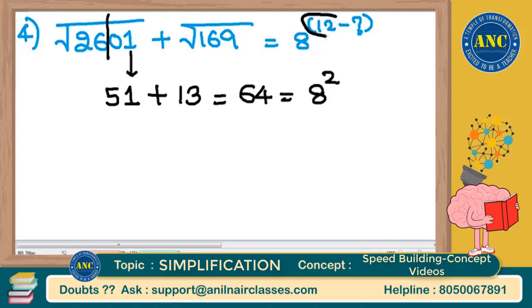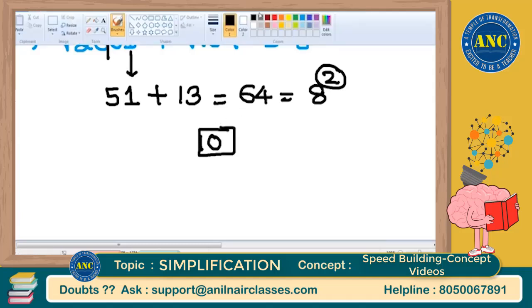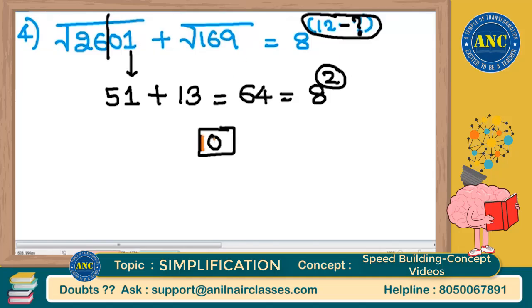Here the power of 8 is 12 minus question mark, and the power of 8 is 2. 12 minus which number will give you 2? 12 minus 10 is 2. The answer for this easy question is 10. The answer for the fourth question, which is once again an examination question, is 10. I hope the idea is very clear for my students. It should not be difficult for you.